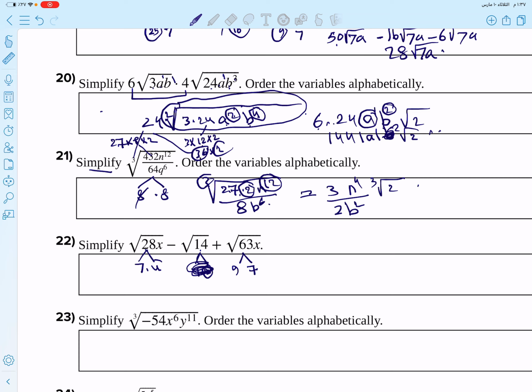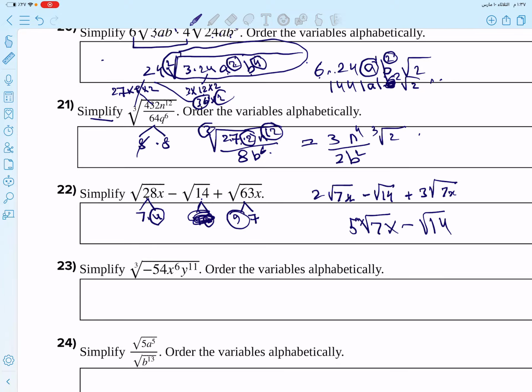So what is the square root of 4? 2. So 2 square root of 7x minus square root of 14 plus the square root of 3 7x, because I have 9 here. Now 2 plus 3, 5, square root of 7x minus the square root of 14.